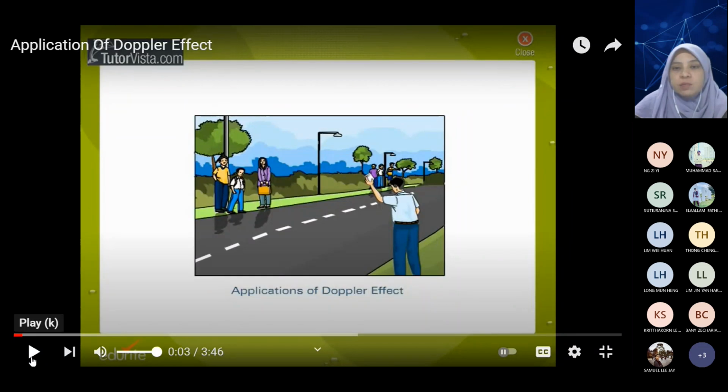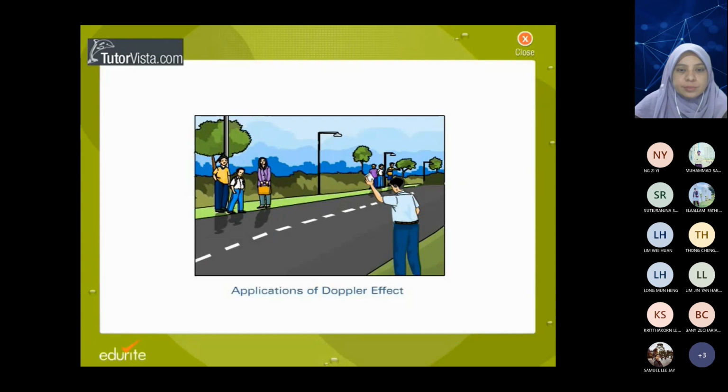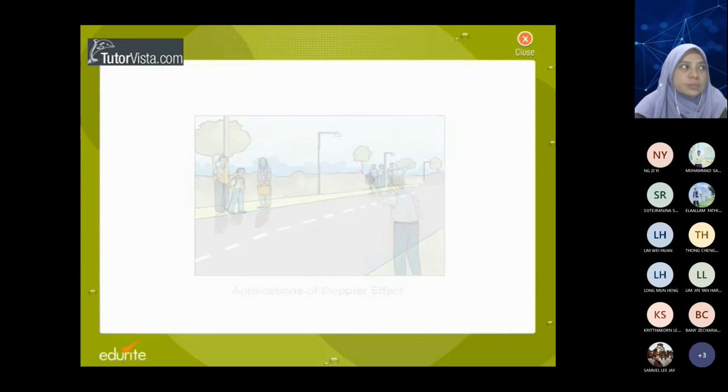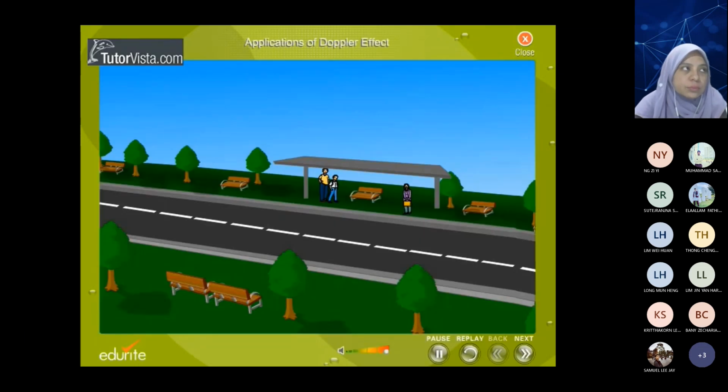Application of Doppler effect. The illustration shown here will help you understand the Doppler effect. I'm sure you would have heard an ambulance speeding past you. That is, the pitch of the siren increases as the ambulance approaches you, and the pitch decreases when the ambulance moves away from you.